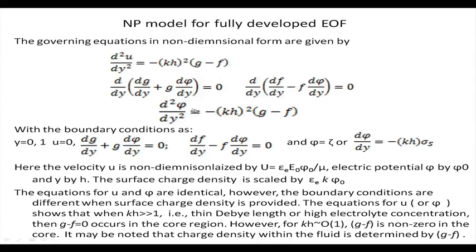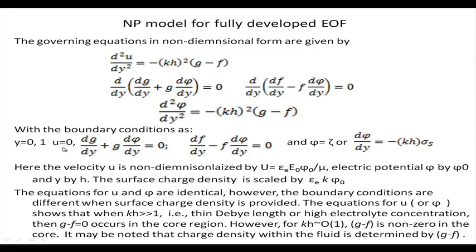So, this satisfies a set of equations, ordinary differential equations for that matter, along with boundary conditions governed this way. As we stated before, your boundaries are y equal to 0 and y equal to 1. y equal to 0 is the lower wall, y equal to 1 is the upper wall.